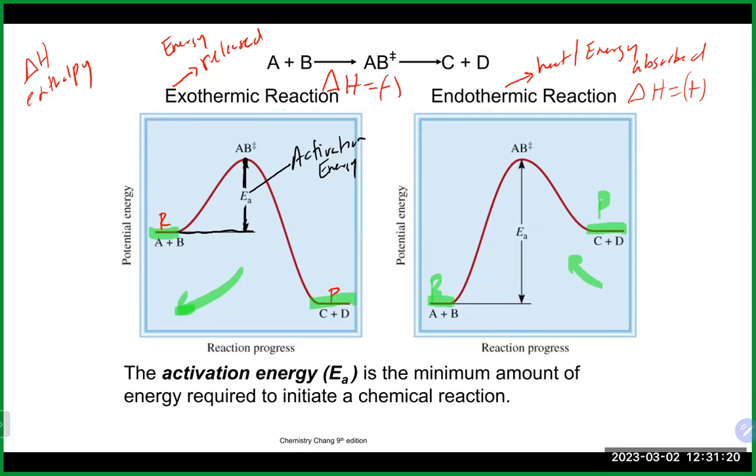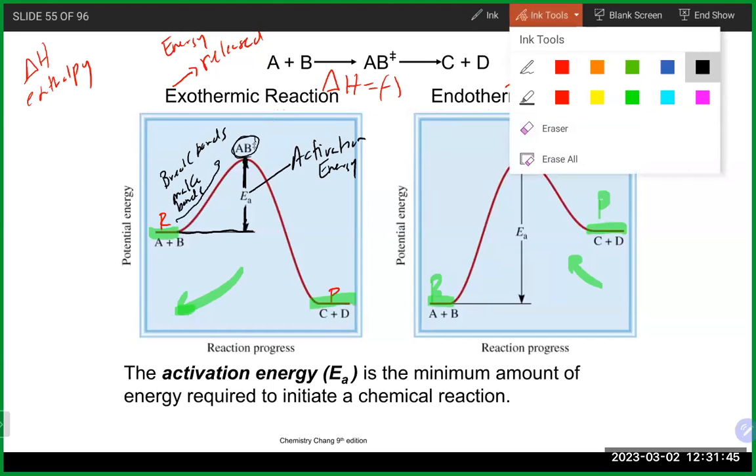And as they go from reactants to products, they are starting to break some bonds and starting to make some bonds. So they're breaking and making bonds until they get to the very top of the hill there. And the top of the hill is what is sometimes referred to as a transition state.